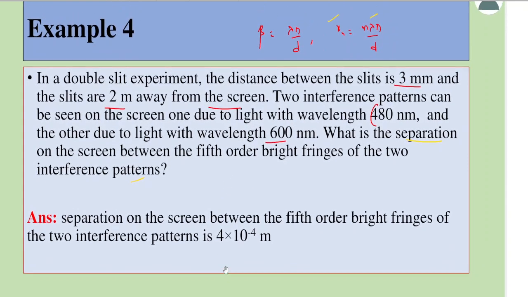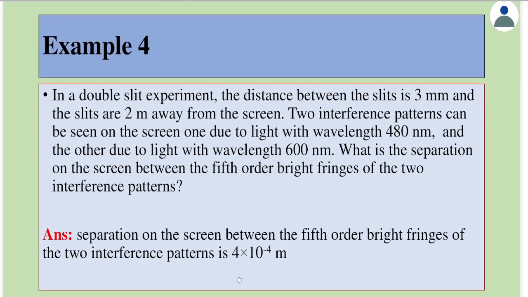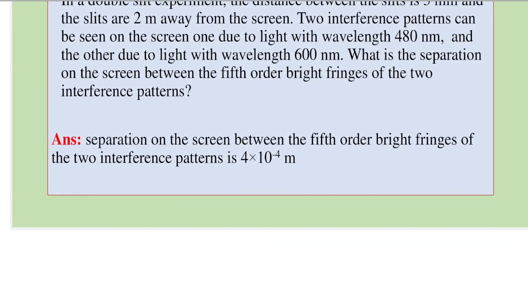So in this case, what we'll do is, we'll first write the formula for any one color.